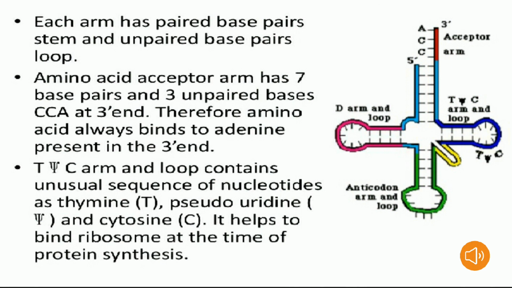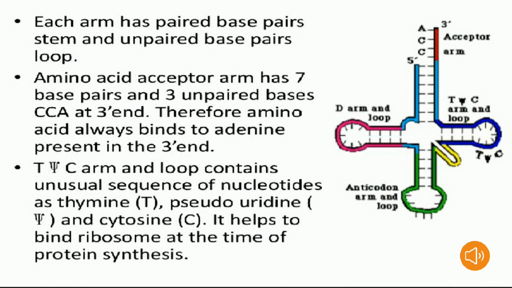Therefore, amino acids always bind to the adenine present at the third end. The T psi C arm and loop contain unusual sequences of nucleotides. T represents thymine, psi represents pseudouridine, C represents cytosine.